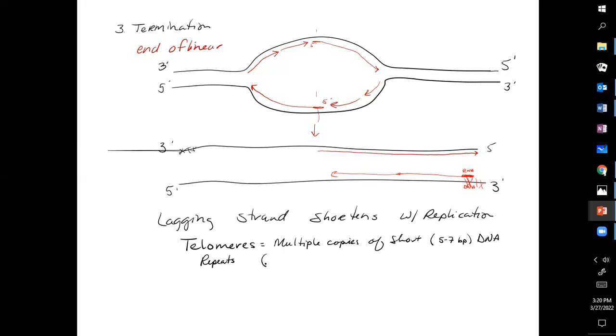In humans, in fact, the repetitive sequence is 5' TTAGGG. So at the end of linear human chromosomes are these 100 to 150 copies of TTAGGG, TTAGGG, TTAGGG. And what that does is it protects the genetic information.